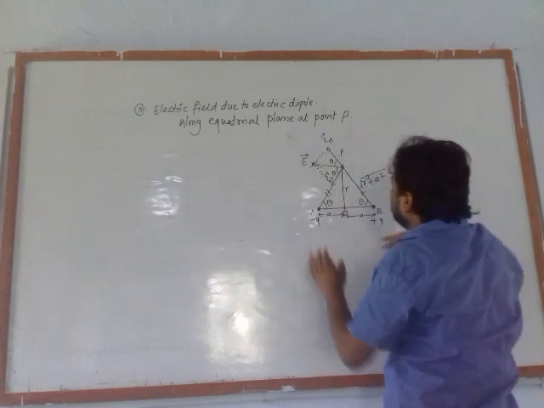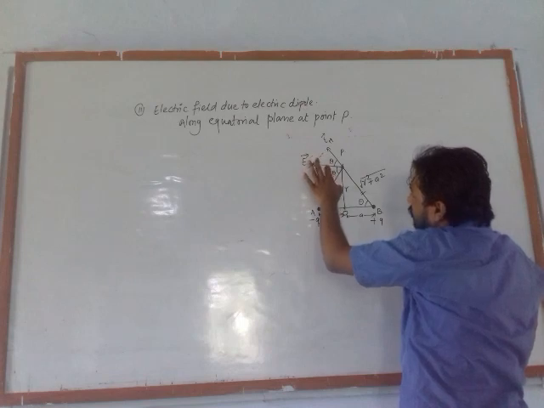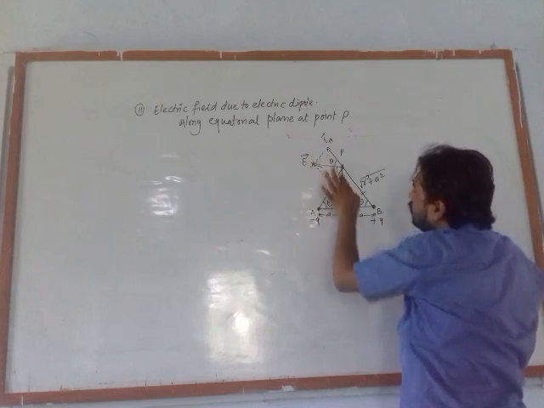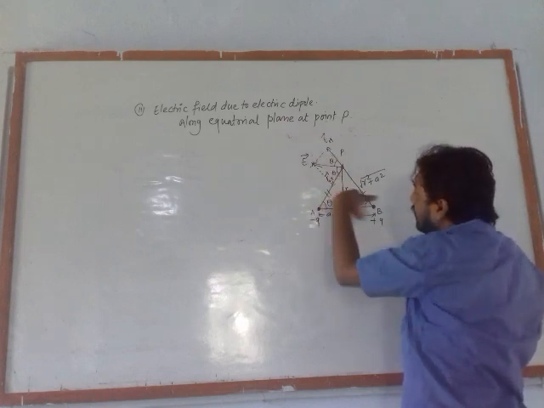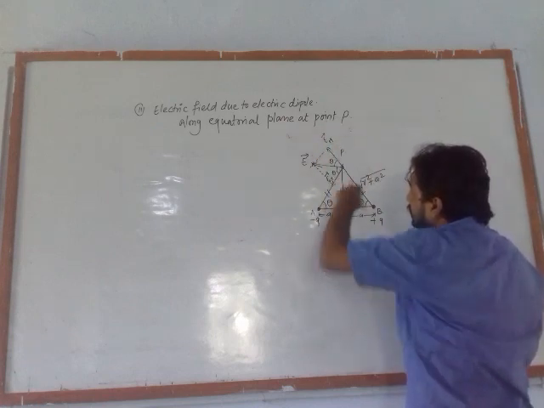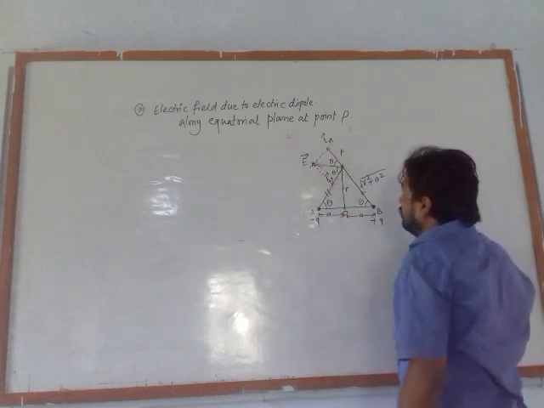So for this, we need to find the components of E plus Q or E minus Q. There are two components, one is the sine component and one is the cos component. The sine component is not useful here, they will cancel each other. So we only take the cos component, or we can say the horizontal component.